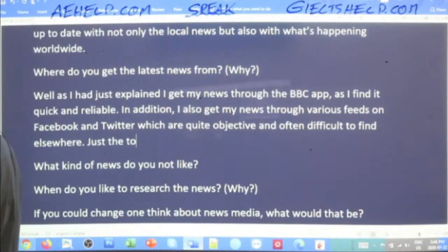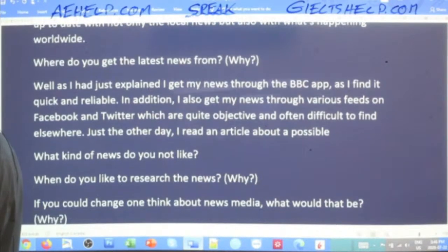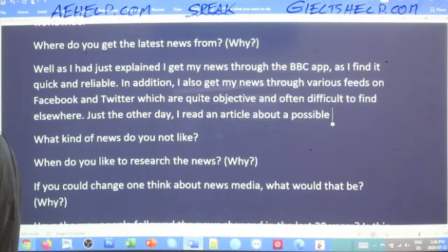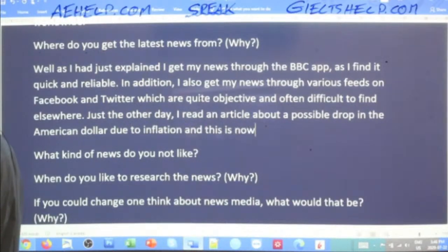Just the other day, I read an article about a possible drop in the American dollar due to inflation, and this is nowhere else to be found.